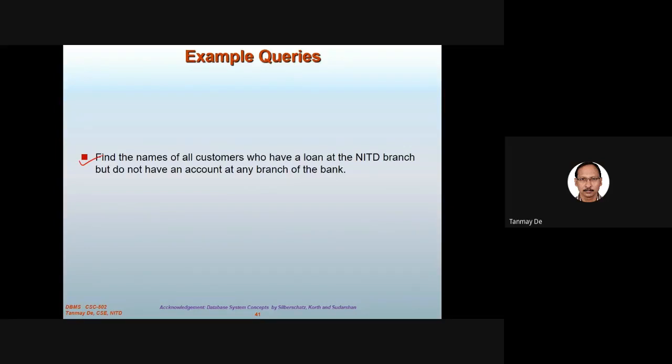So how do we get the idea? I want to find out the list of customers who have a loan at the NIT D branch. Is it clear? This is one list we want to find out.